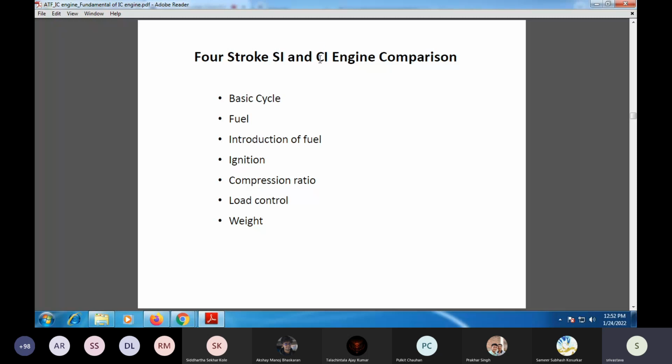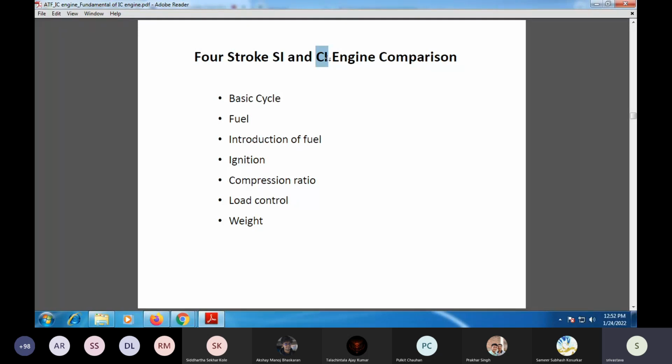Whereas in the CI engine, there is no throttle plate in the intake manifold. We don't regulate the flow of air. So in a diesel engine, when we press the accelerator, we directly control the amount of fuel that has to be injected directly inside the combustion chamber.